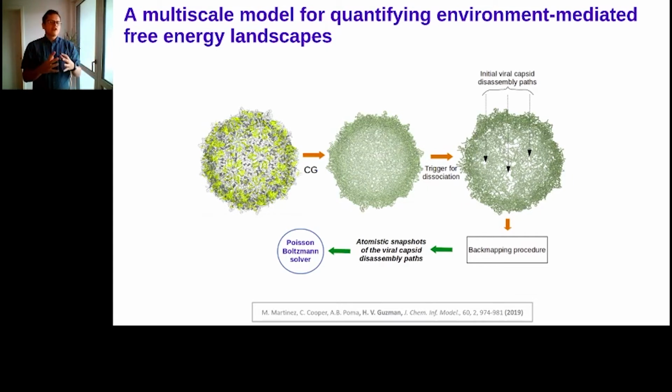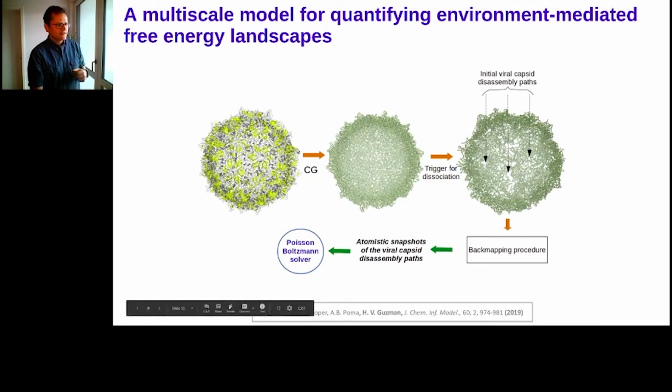Since the coarse-grained model is not focused on providing free energy landscapes, we can use another modeling tool, in this case a Poisson-Boltzmann solver, and provide those energies and see if even the structures used for the coarse-grained modeling are possible energetically speaking.